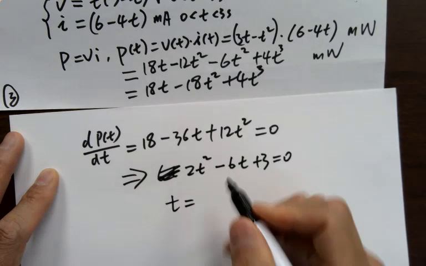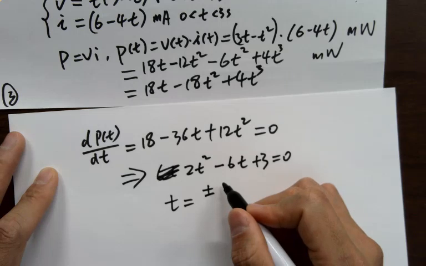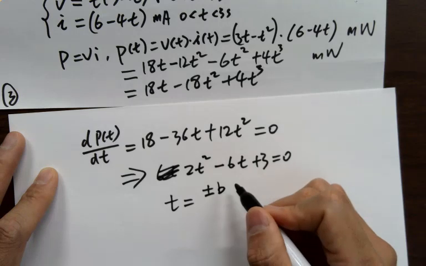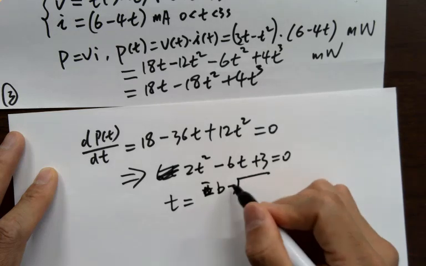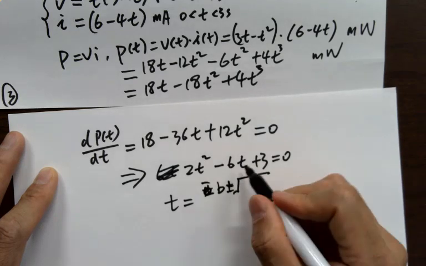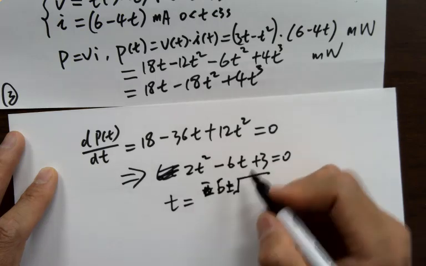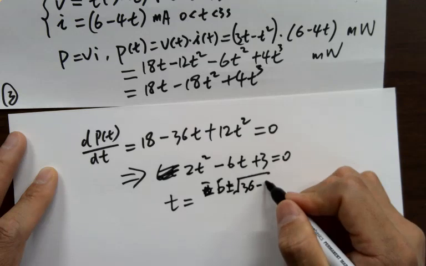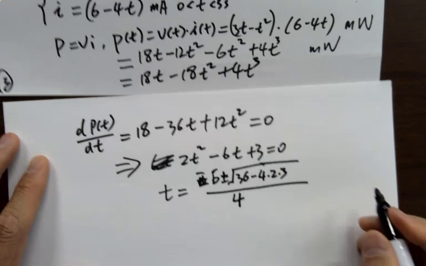So t equals minus b, plus or minus... Is that correct?